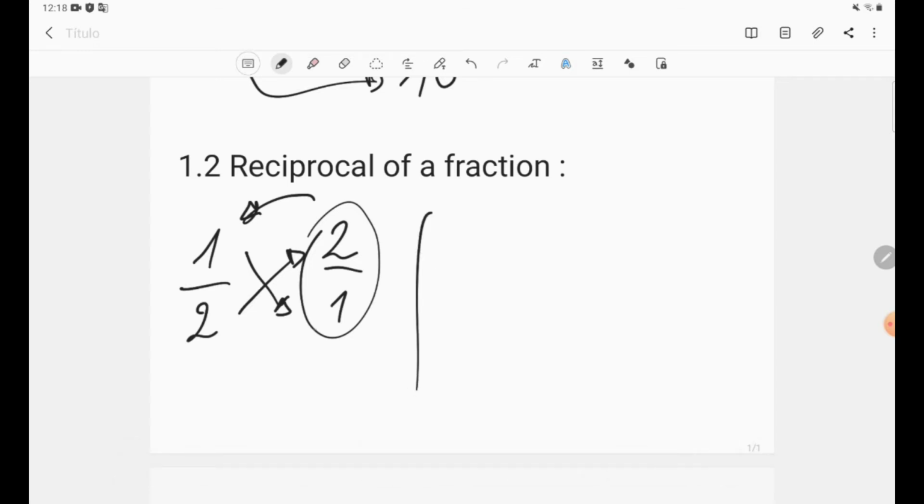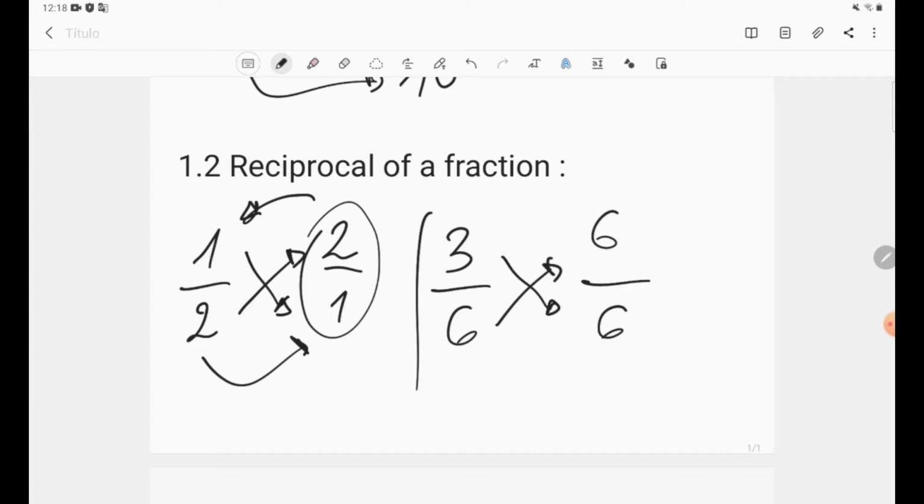And this actually is the reciprocal fraction of this fraction. For example, 3 over 6. The reciprocal fraction is 6 over 3. Sorry, 6 over 3. That's right.